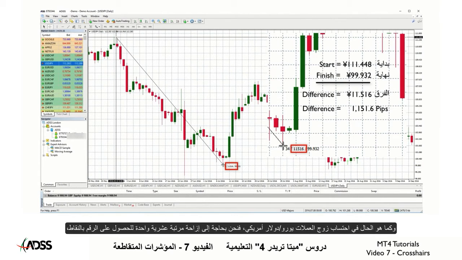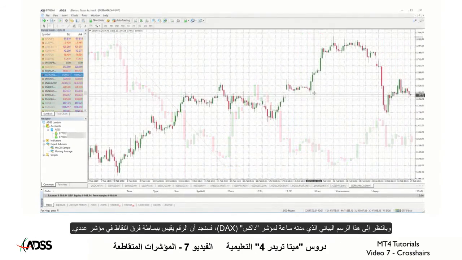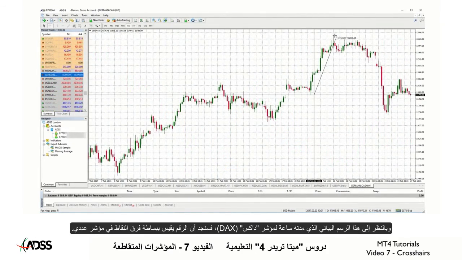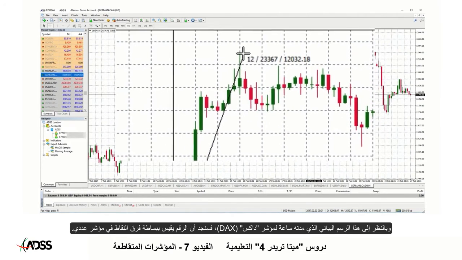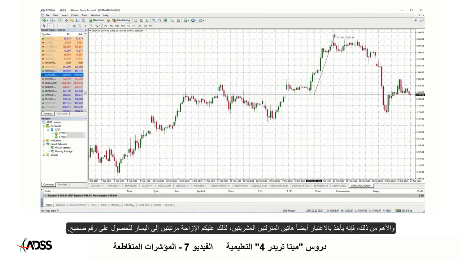Just as our euro-dollar calculation, we need to remove 1 decimal place to get our figure in pips, or 3 decimal places to get our figure in yen. Looking at this hourly chart on the DAX, the figure is simply measuring the difference in the points in the numerical index. Most importantly, it takes into account these 2 decimal places, so you will need to move 2 places to the left to get a correct figure.